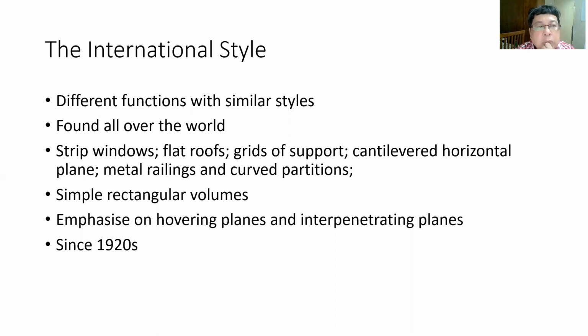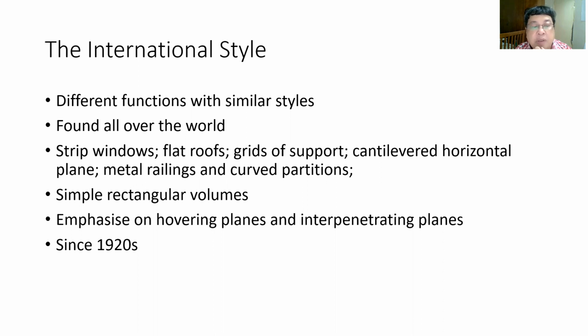So this is the modernist style when we talk about the modern buildings. Strip windows, flat roofs, grids of support, cantilevered horizontal plane, metal railings and curved partitions. Simple rectangular volumes emphasizing hovering planes and interpenetrating planes.